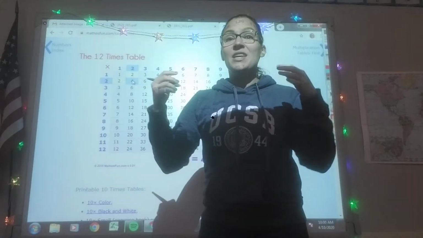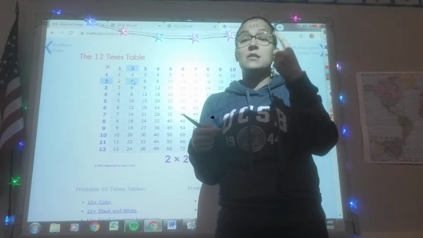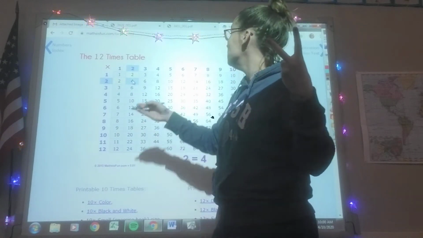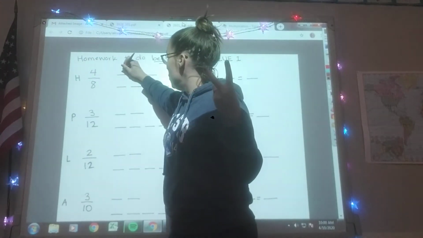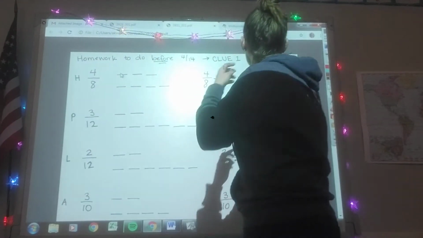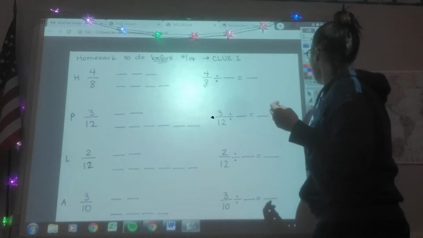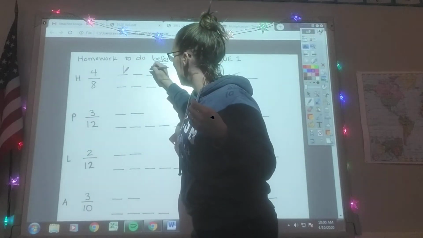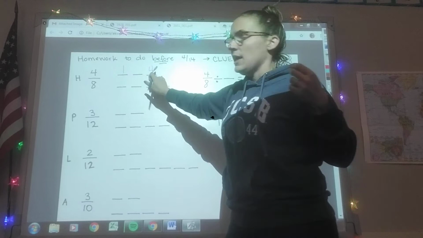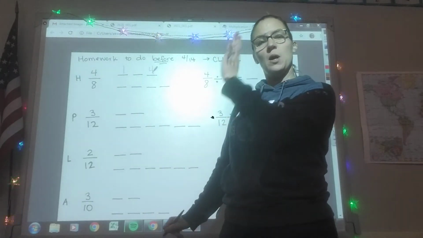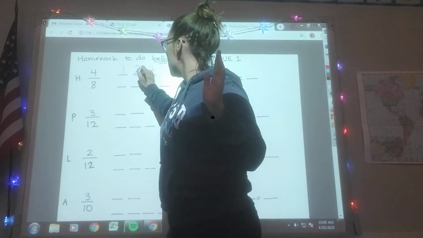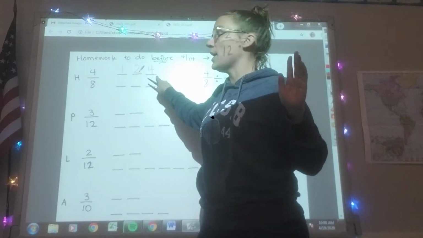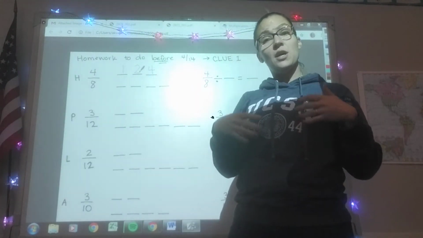But remember, the easiest two factors are always 1 and the number. So let's go back. For this one, you can always do 1. 1 is the first factor, and 4 is the last factor because you want the smallest at the beginning and then the biggest. And then we know that 2 times 2 equals 4. So 1, 2, and 4 are the factors of 4.